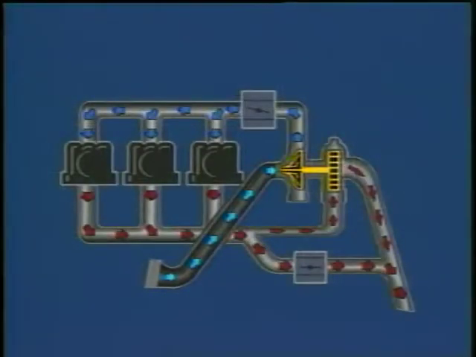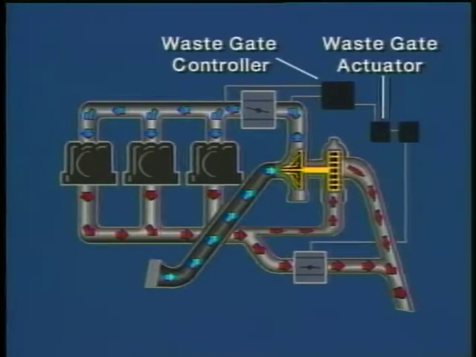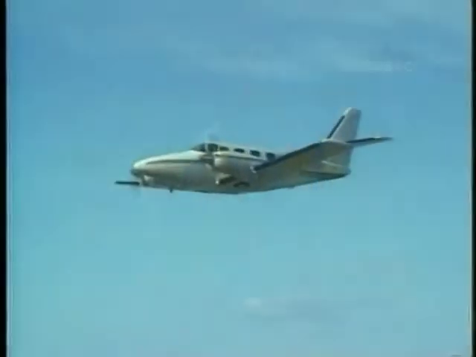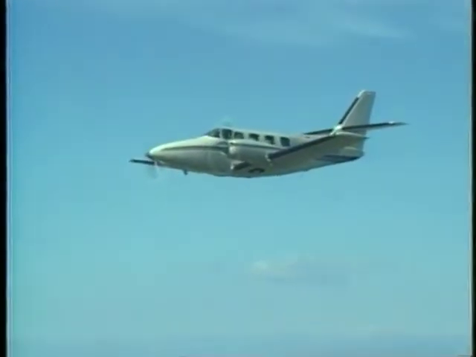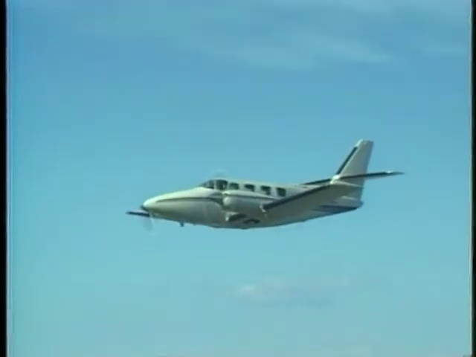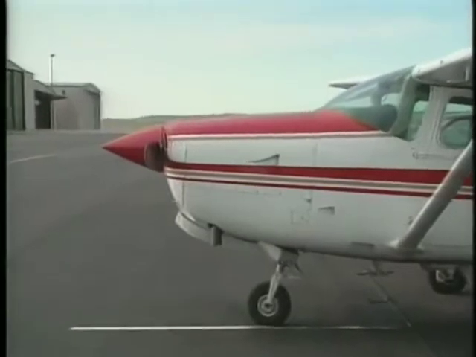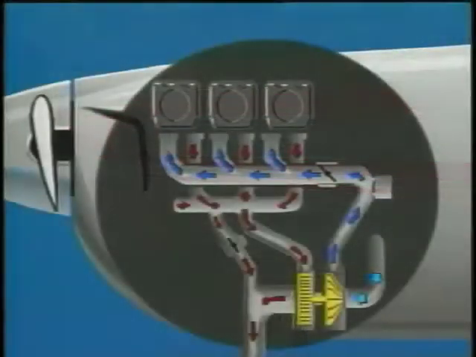In some turbocharged engines, the wastegate is controlled by a pressure-sensing controller mechanism and a wastegate actuator. Once the manifold pressure is set on this type of system, the wastegate position adjusts automatically to maintain the desired power output. On less complex systems, the position of the wastegate is regulated by throttle movement.